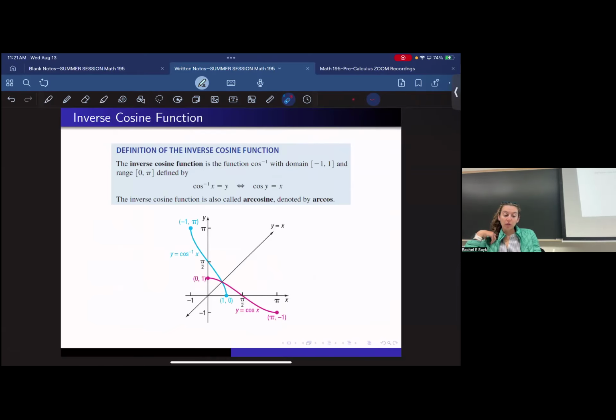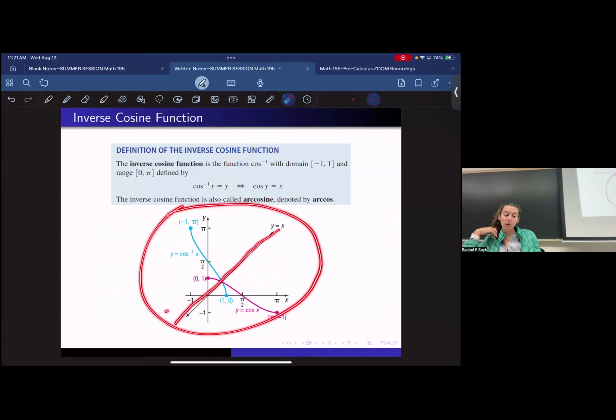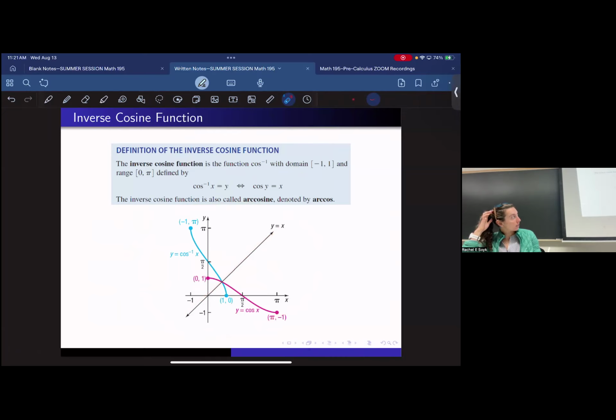So first, from the visual perspective, it's once again our reflection across our line y equals x. And again, our line y equals x is not the same as our reflection across our origin. So you just have to keep that in mind. It's when your x and y values are just flipping.